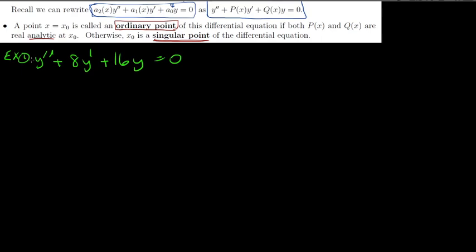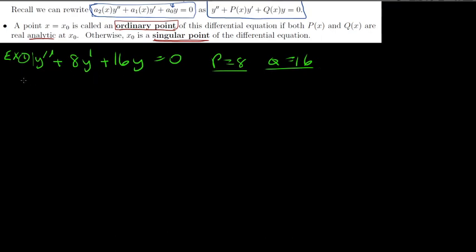Notice that there is a 1 in front, so we know p is 8 and q is 16, and these are just constants. Constants, of course, are series. It's a very boring series because it's only one term; in other words, your c1 x to the 1, c2 x to the 2, those are all 0. So of course these are analytic for all x.